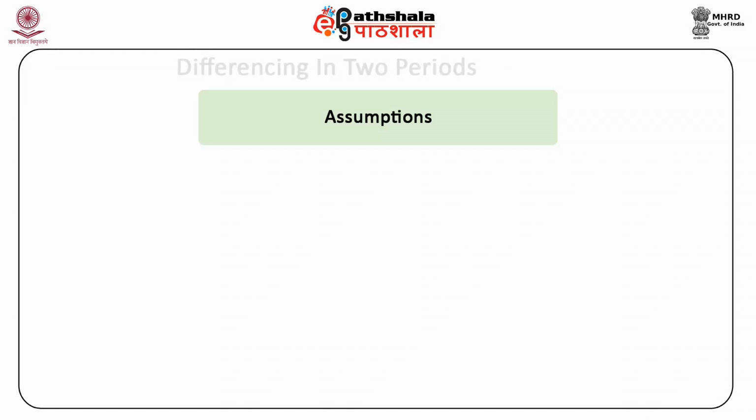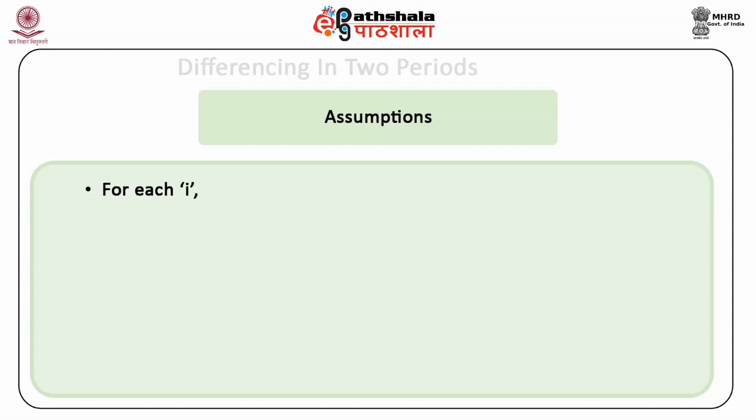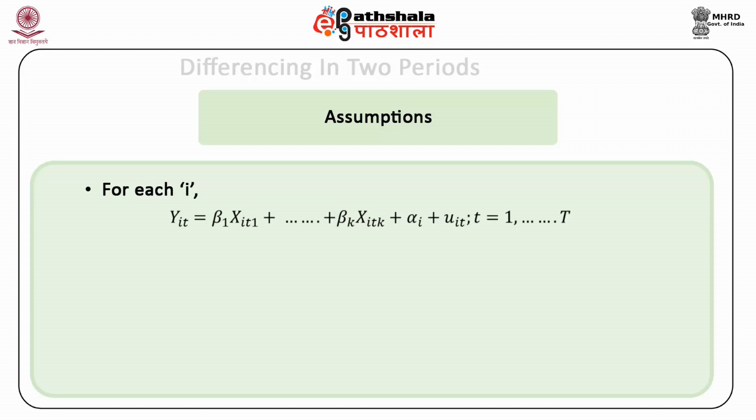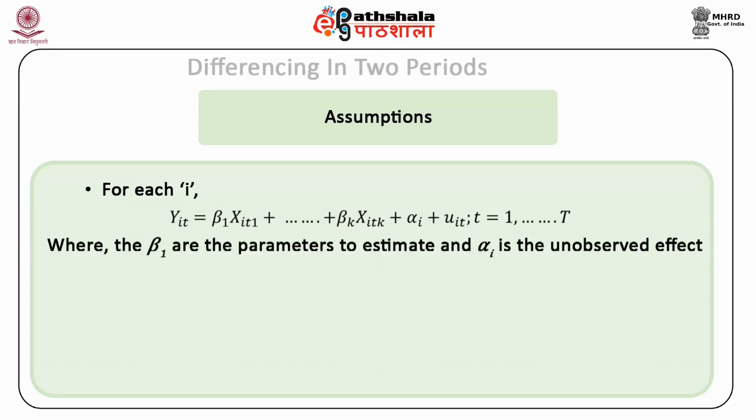For example, the first is that for each i, y_it is equal to beta 1 times x_it1 plus so on up to beta k x_itk plus alpha i plus u_it, for t ranging from 1 to capital T, where the beta i's are the parameters to estimate and alpha i is the unobserved effect.